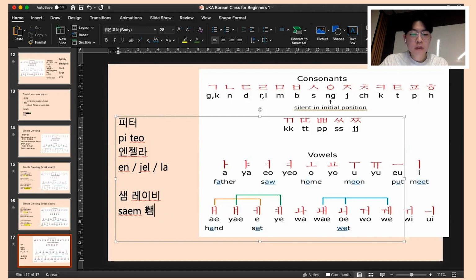So if you pronounce it in English, it's Sam, but when you write it, they tend to write it like this, a single consonant. So here, SS is a double consonant. If you write this, it's more like this. But Koreans tend to use this to write Sam. I think it's just a traditional way of saying Sam.